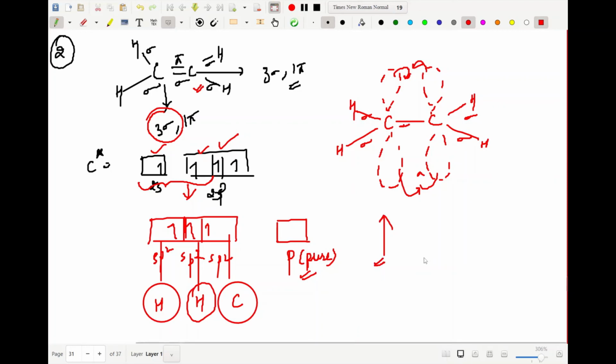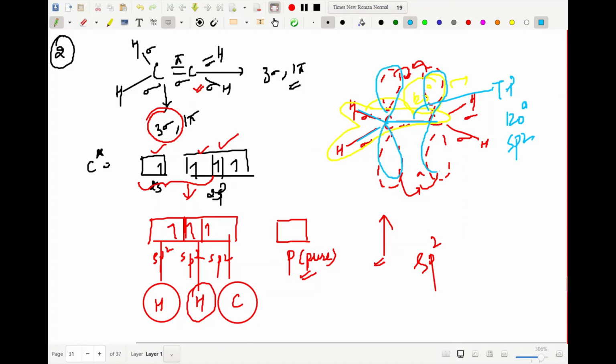The hybridization of carbon in ethene is sp2, and only this structure is going to be considered for your hybridization part, and this has a 120-degree angle, which means it is trigonal planar. So this part is trigonal planar with a 120-degree angle, sp2 hybridization, and the unhybridized part is this, left above and below for sideways overlap for the formation of this pi bond.